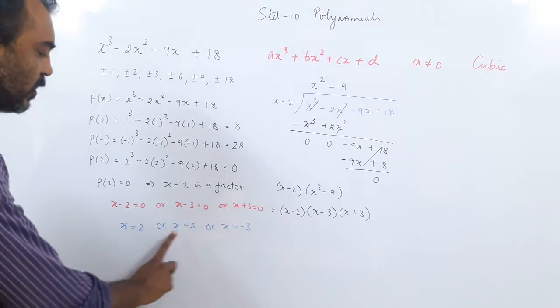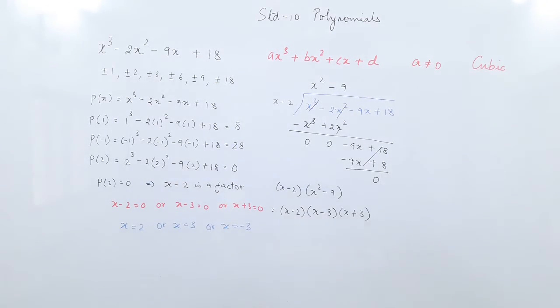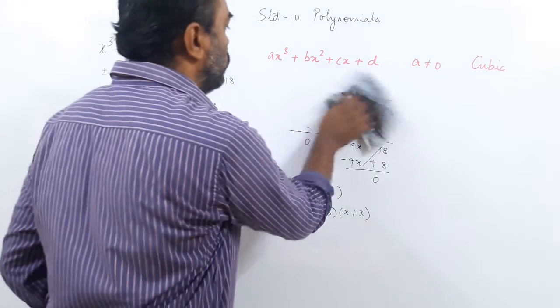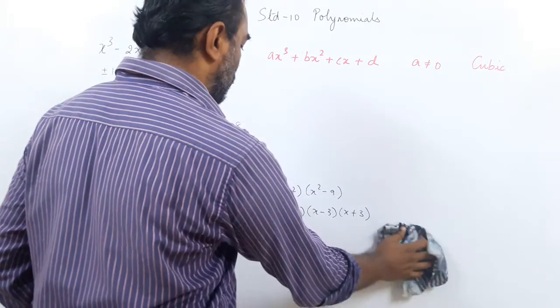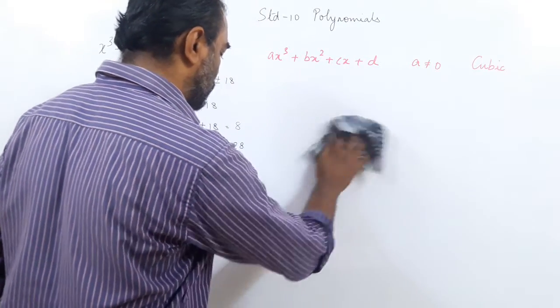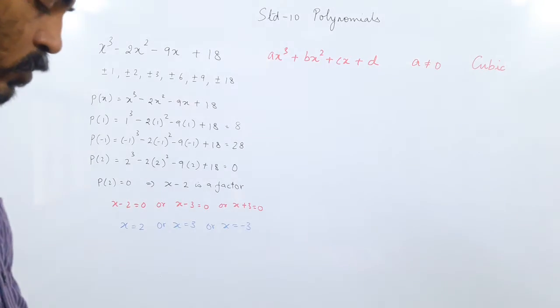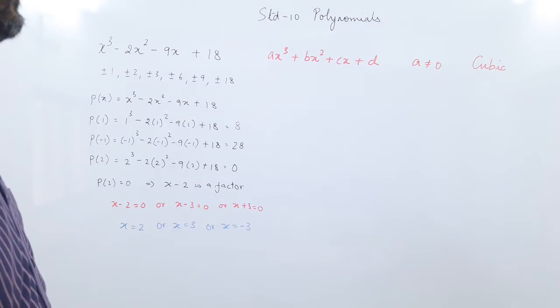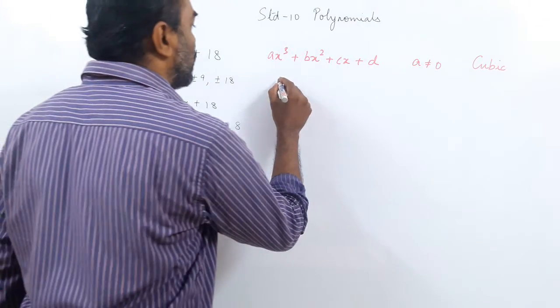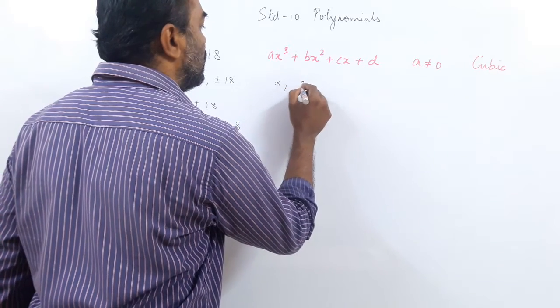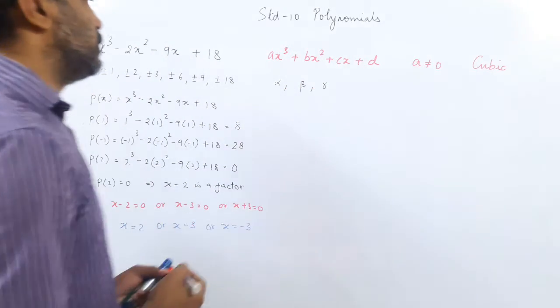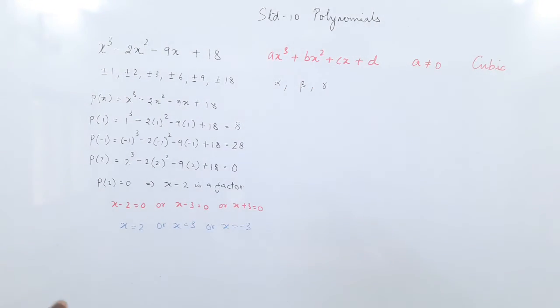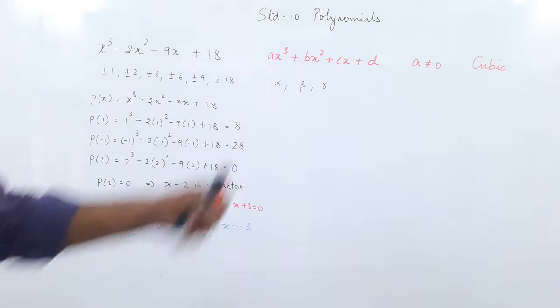Can we call them the alpha, the beta and the gamma? So this time what are we going to do? I'll rub it off now. We have three roots. So I'll just rub it off. This I'll keep here. So we got three roots. Now this time let us say the three roots of the equation are alpha, beta and gamma. Last time we dealt with the alpha, beta. This time taken alpha, beta and gamma.